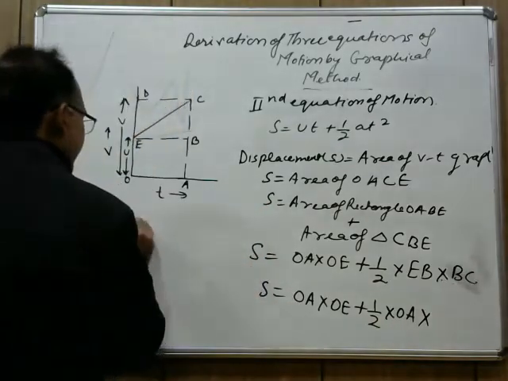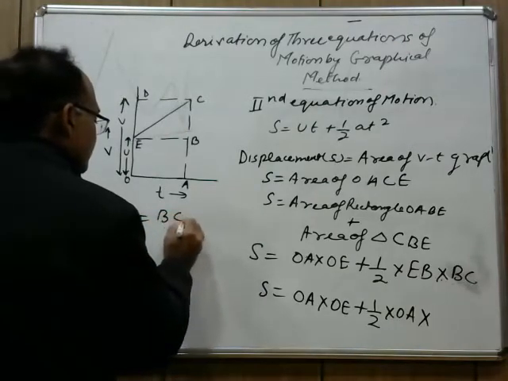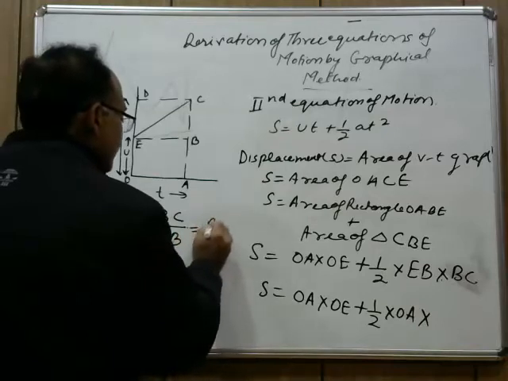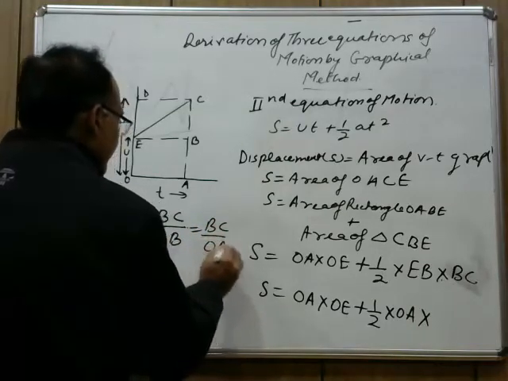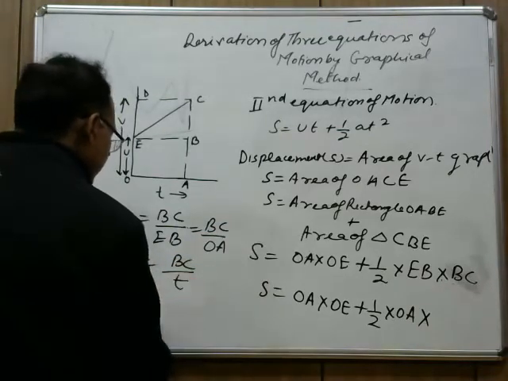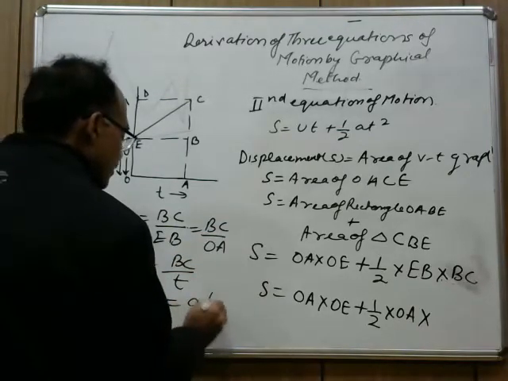There we wrote a is equal to BC upon EB, which is equal to BC upon OA, which is a is equal to BC upon t, or BC is equal to a into t.